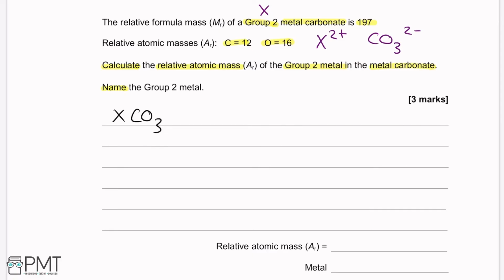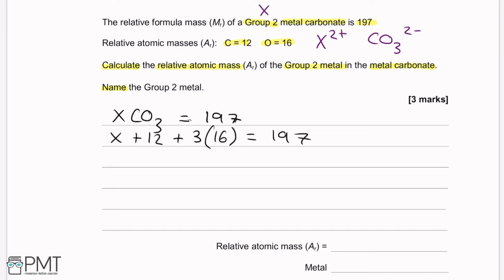And we are told that that has an Mr of 197. So, now let's plug in these relative atomic masses of carbon and oxygen. So we can say that X plus the relative atomic mass of carbon, which is 12, plus 3 lots of the relative atomic mass of oxygen, which is 16, gives us 197.